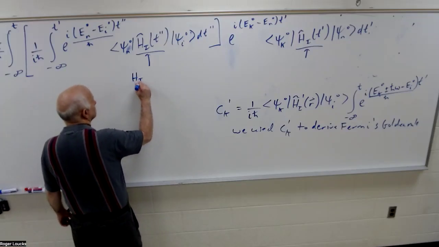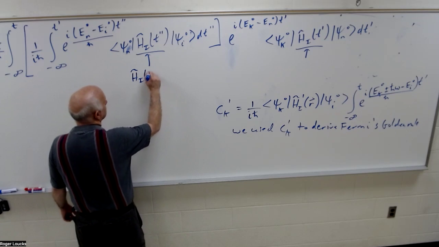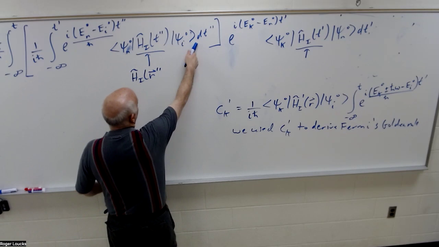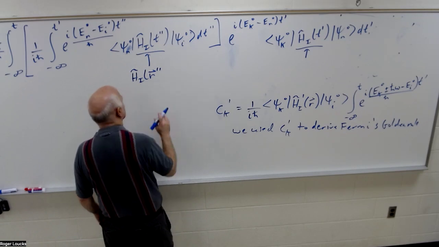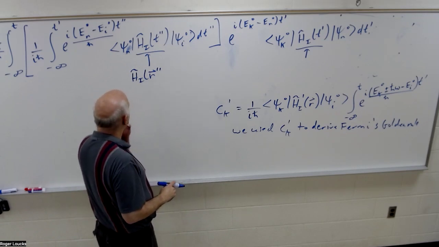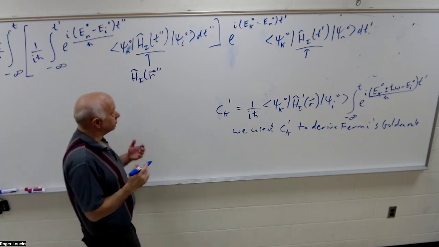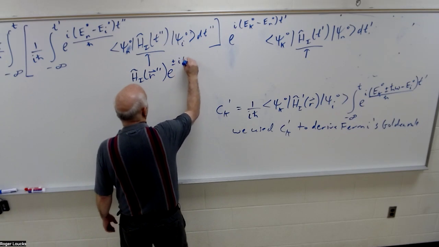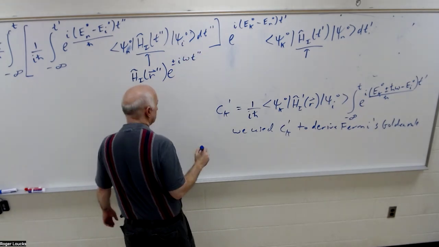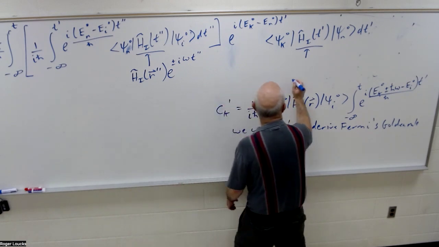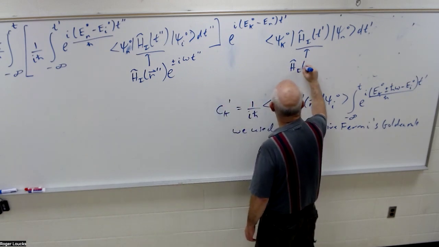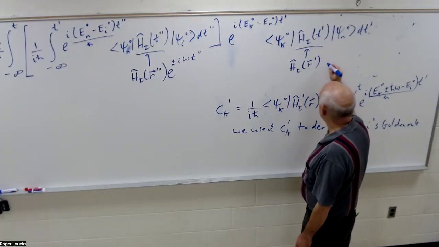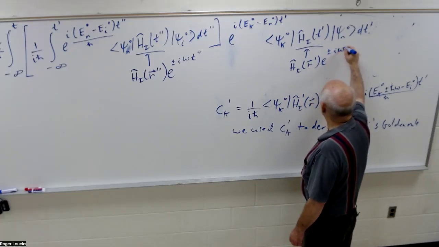I'll call this H_i of r double prime, matching the double prime here, times e to the plus or minus i omega T double prime. And this one over here, I'll call H_i of r prime, matching this prime here, times e to the plus or minus i omega T prime.